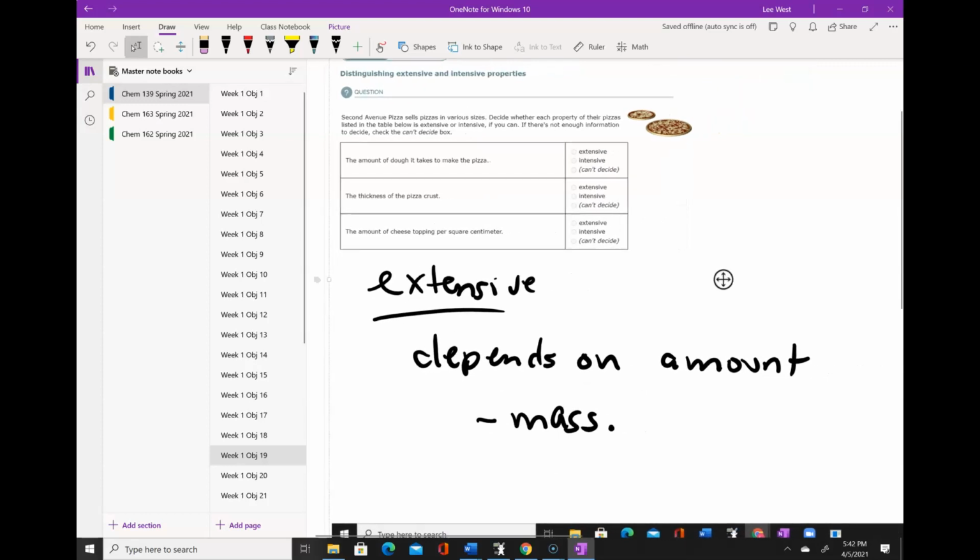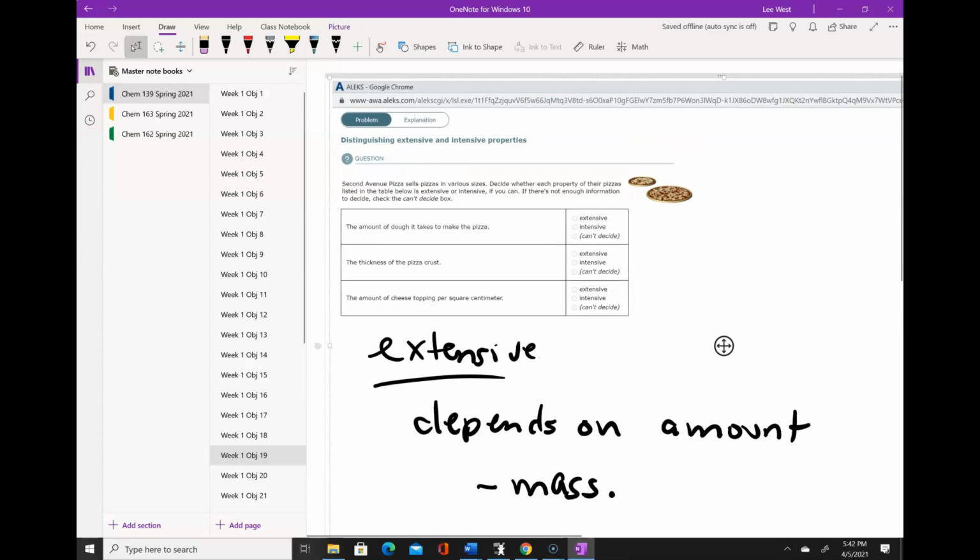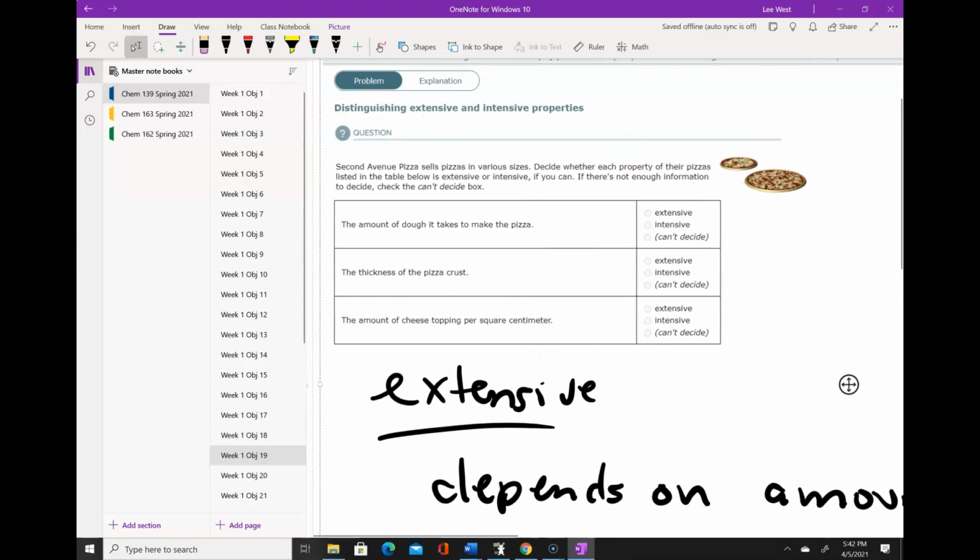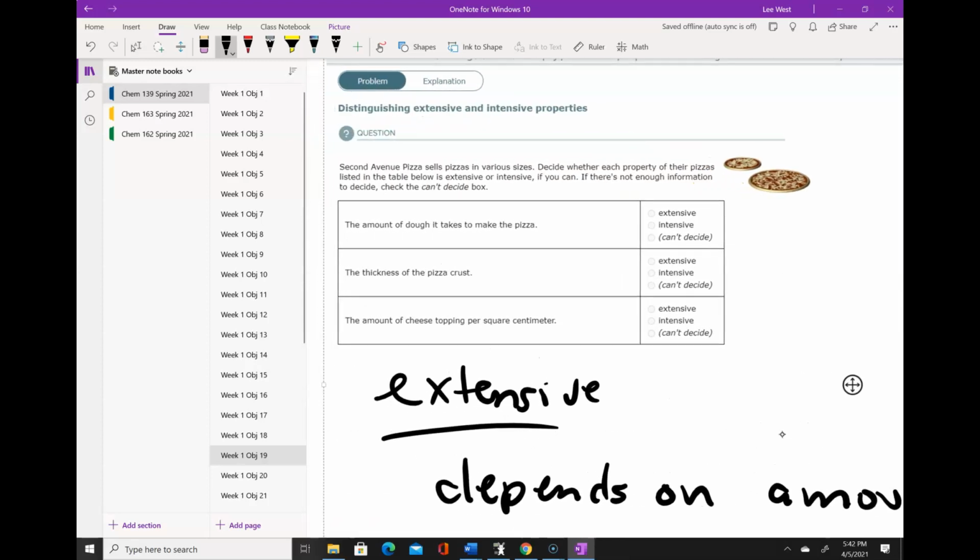So let's have a look at this question. This looks like it's going to be the properties of pizza. Second Avenue Pizza sells pizzas in various sizes. Decide whether each property of their pizza listed in the table below is extensive or intensive if you can.